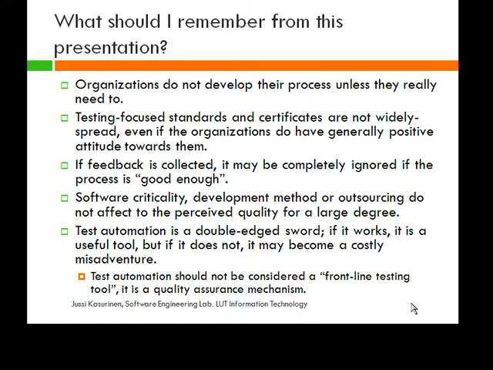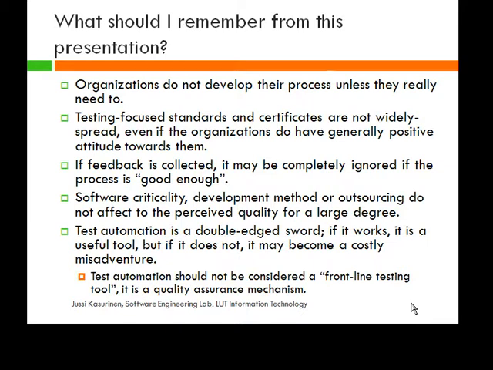Software criticality, development methods and outsourcing are no longer a large problem for testing, and test automation itself is a double-edged sword. If it works, it's a useful and powerful tool, but if it doesn't, it's a costly misadventure, so organizations either go all in or tend to avoid it. And one misconception leading to several misadventures is that organizations have a tendency to think that test automation is a frontline testing tool.